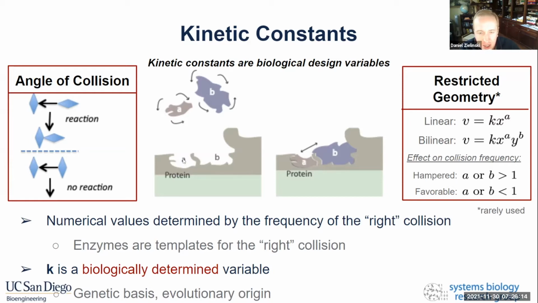So you can imagine if the metabolite was negative and this whole area was filled with positive amino acid residues, it's actually going to make it harder for the metabolite to find its binding site. It's going to make it a rarer event because there'd be electrostatic repulsion. So the sequence of the enzyme actually impacts these rate constants.